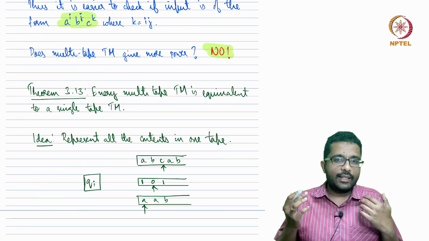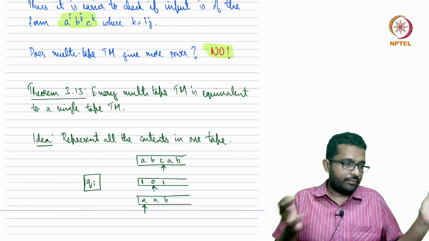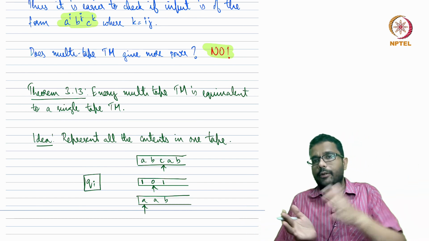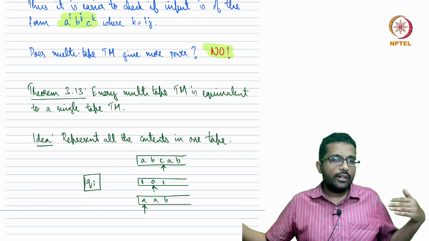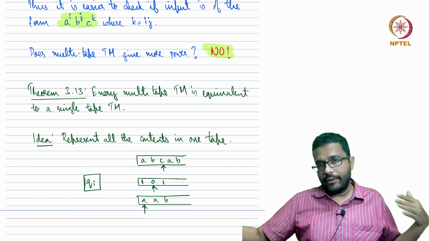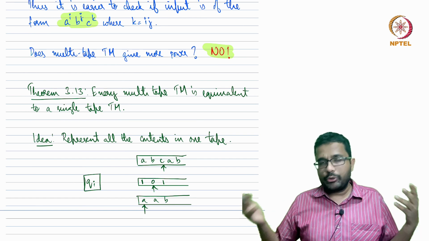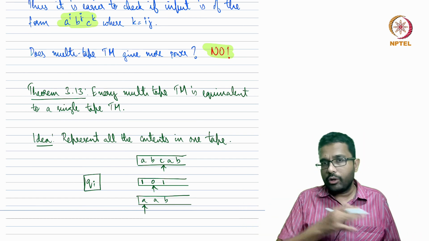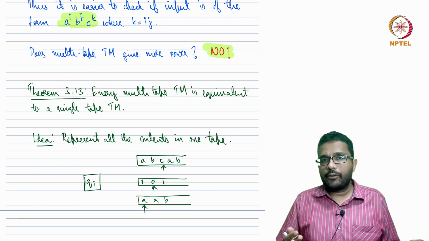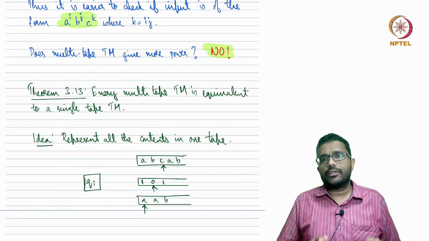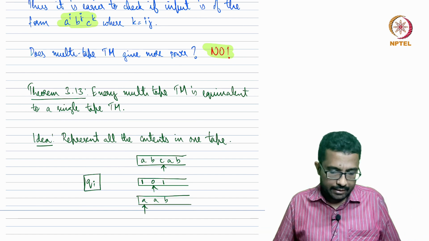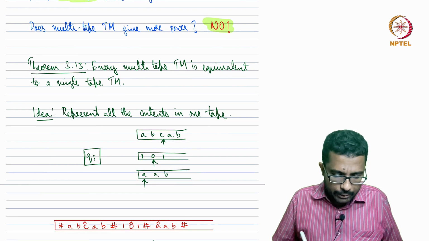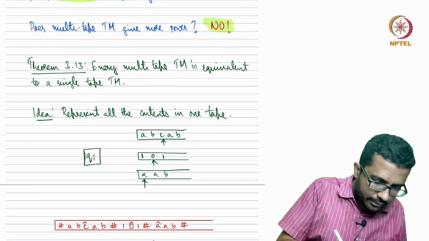The idea is basically, if you have K tapes, you try to compress all that information into 1 tape. Basically encode, so you write everything in 1 tape. This naturally means that you will have to do more back and forth, which is unavoidable, but that is pretty much all that you will have to do. So let us see. Suppose, I'll just pictorially represent a 3 tape machine.